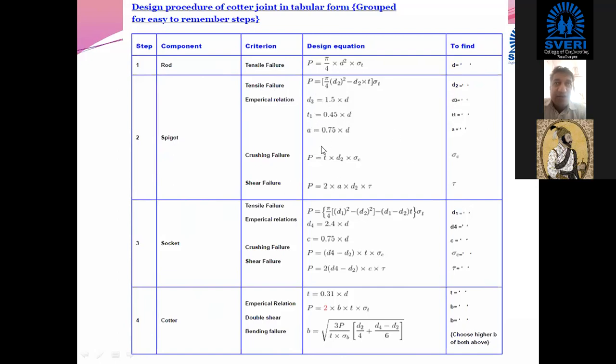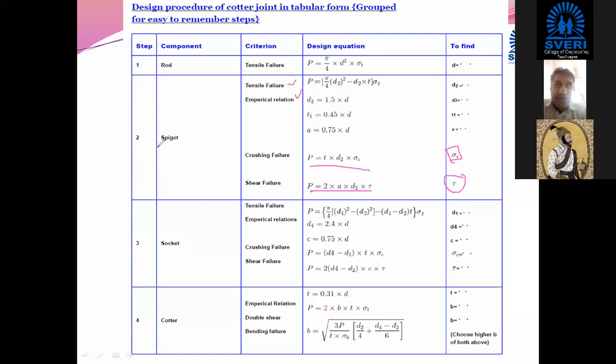Later these are checked for crushing failure and shear failure, where we check whether sigma C is less than the allowable value and the shear stress is less than the allowable value, by means of the shear stress formula and the crushing stress formula. Dimensions are decided here only.